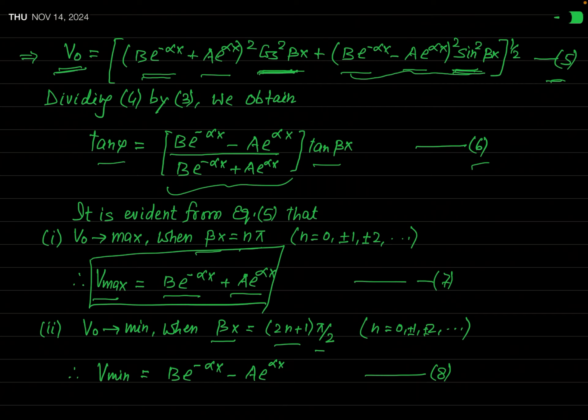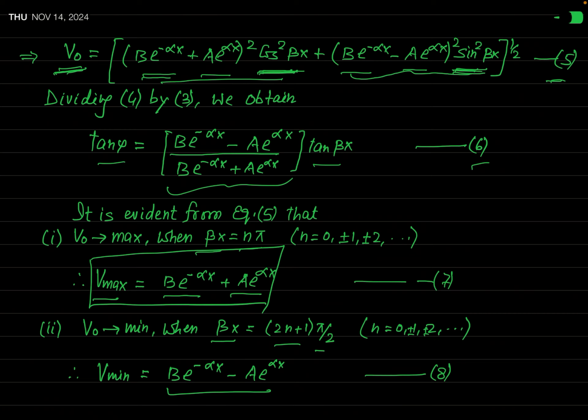So in this condition, you will get the minimum value of V naught. The minimum value of V naught will be simply this much, because the first term in equation 5 will vanish, and in the second term sin square beta x will be equal to 1.